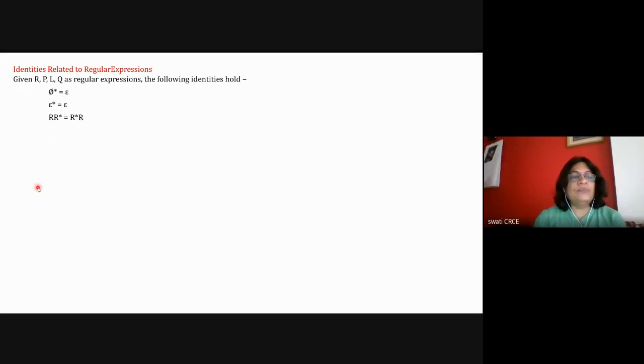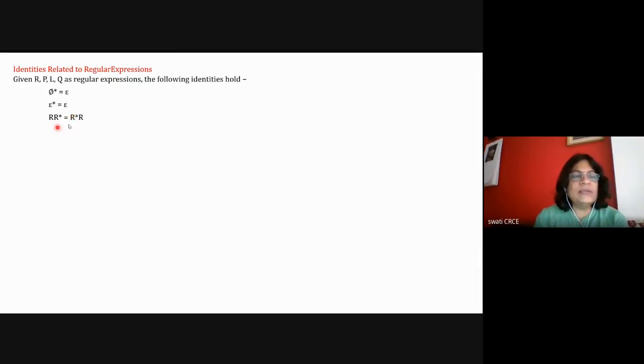Now the next rule. If you have a regular expression R star, R star is nothing but R star R. You can check this. Suppose it is represented as small a. Then a star is nothing but a star a.